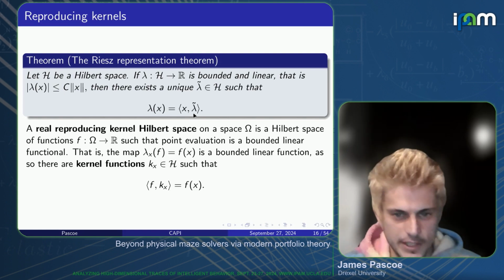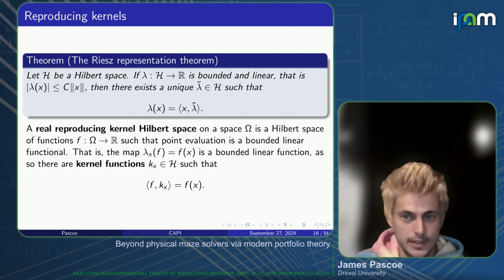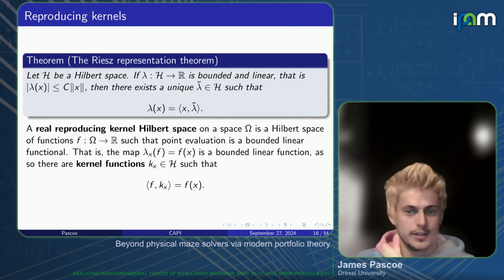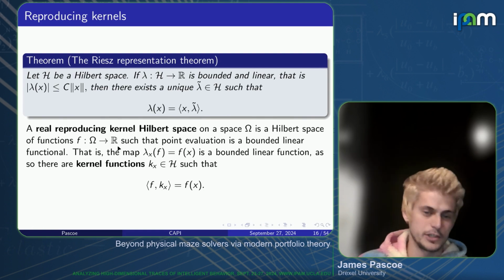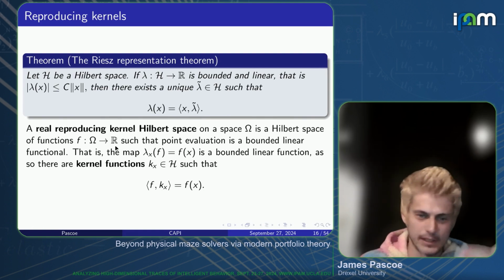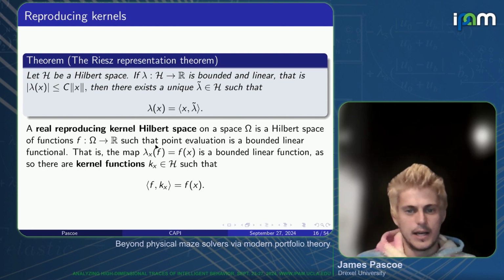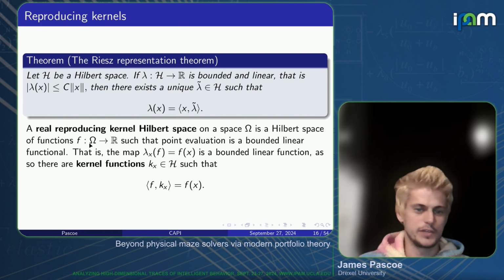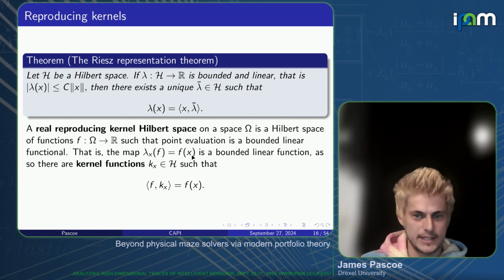And the beauty of this is that let's say that I have a space of functions on some set omega. So I have a bunch of functions on some set omega that form a vector space because I can add them and scalar multiply them and all that jazz, such that point evaluation is a bounded linear function. So whenever I evaluate these functions, the map taking my function to its value at x is a bounded linear function.